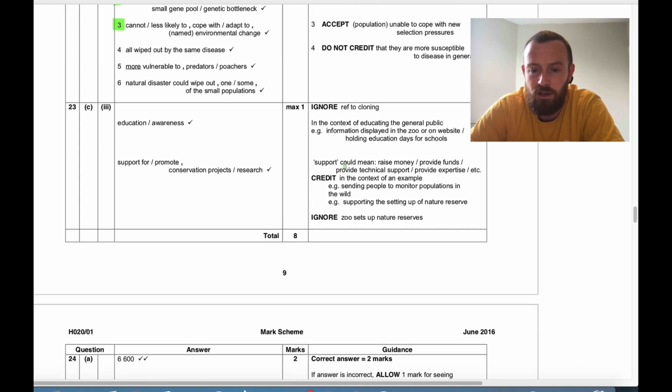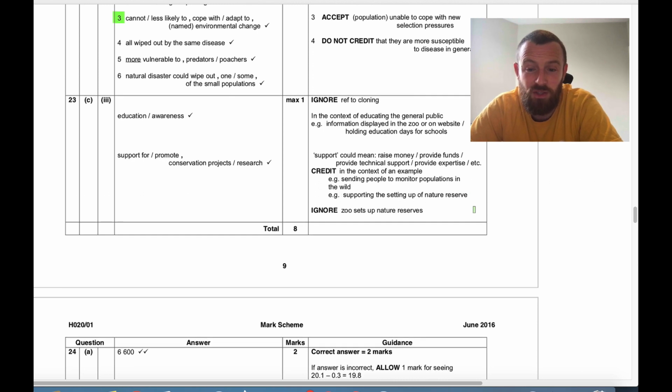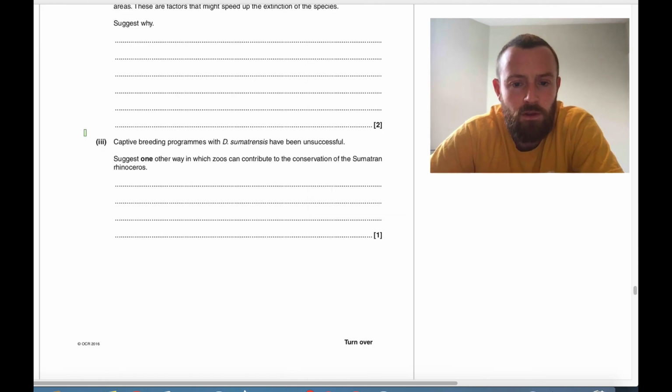And there are things listed here: raise money, provide funds, technical support, sending people to monitor populations in the wild, supporting the setting up of a nature reserve, and that sort of thing. For that one, there are a lot of examples that you could have said. So if you think your example fits in those 2 points, then go ahead and give yourself the mark.